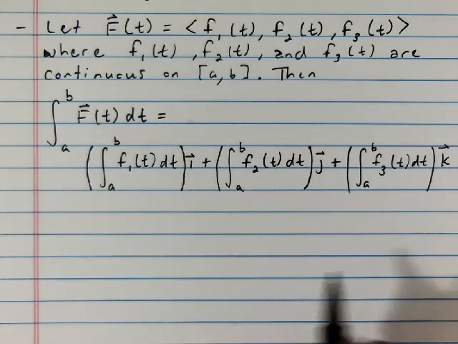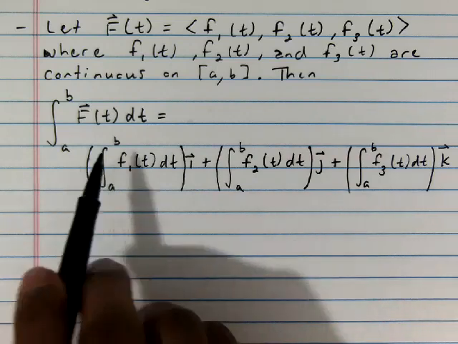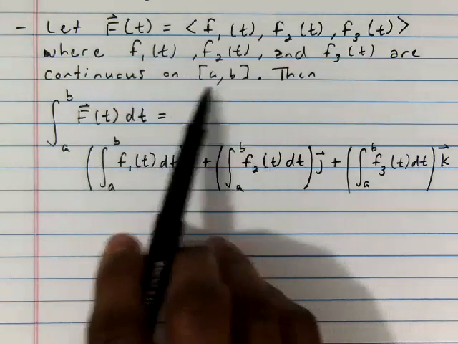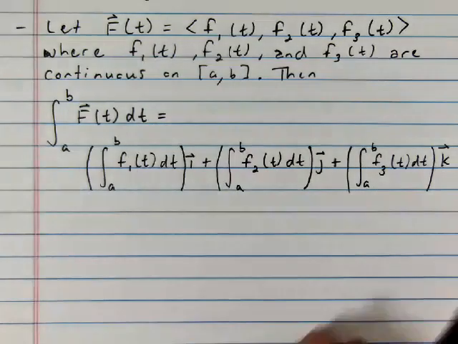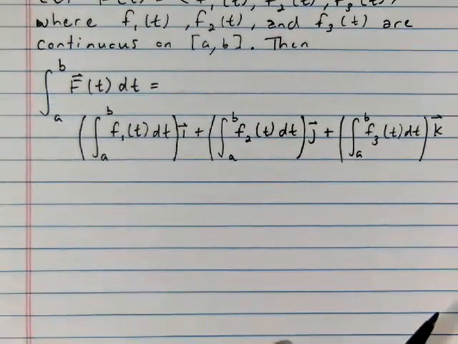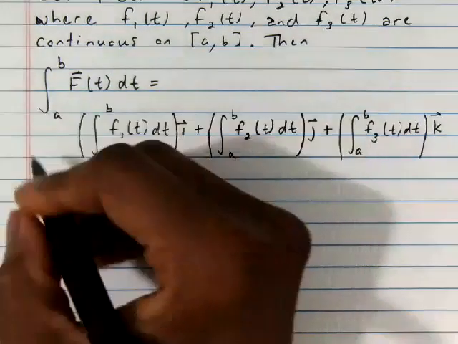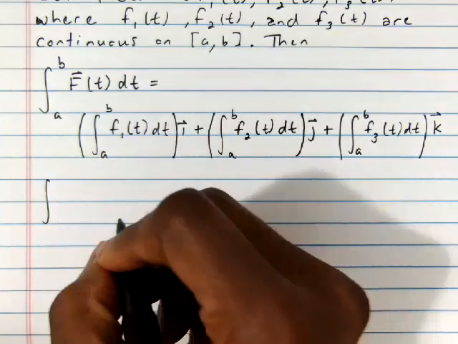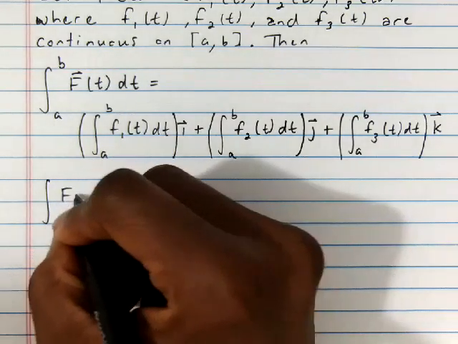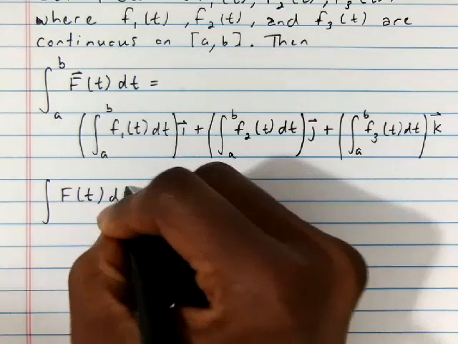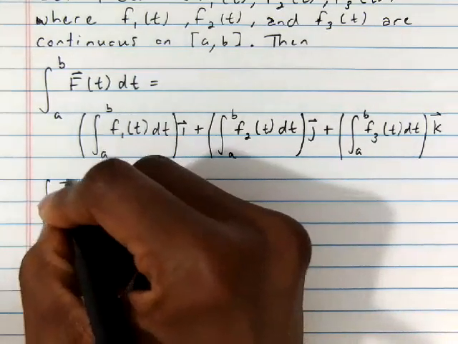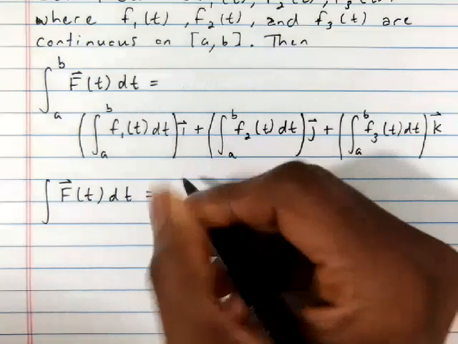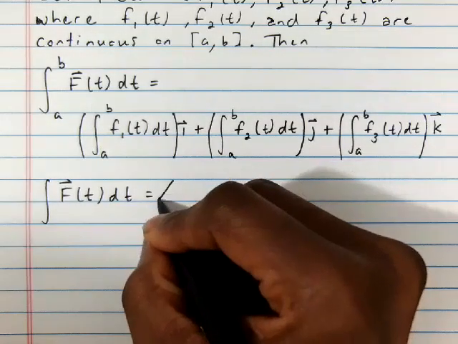All right, now if f of t is just continuous, so here I have continuous on ab, but if f of t is just continuous, then we can talk about doing the indefinite integral. And in this scenario, now I'm going to use the brackets this time.